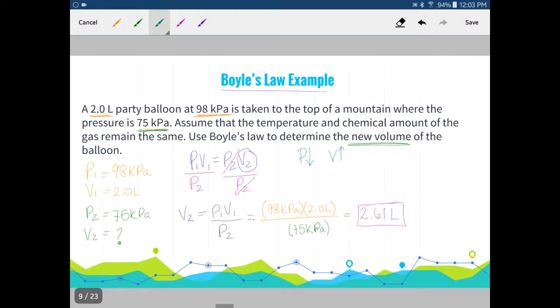Once you go through this example, you may want to look through a few more examples. This is fairly simple math. You're dealing with 4 variables, and it's quite simple to rearrange these formulas. So you may want to check out a few more examples in the textbook before you move on to an assignment.